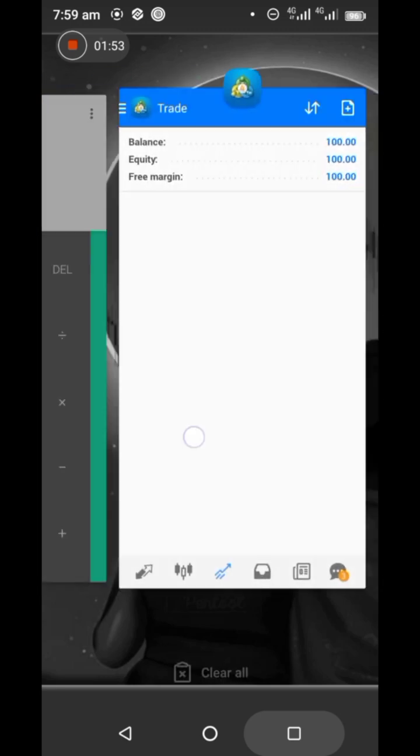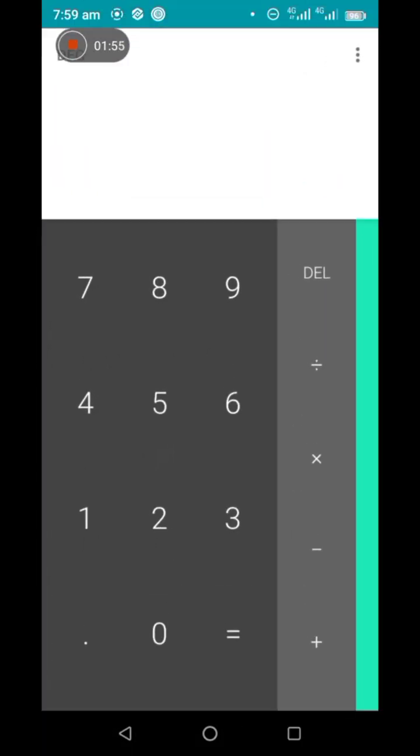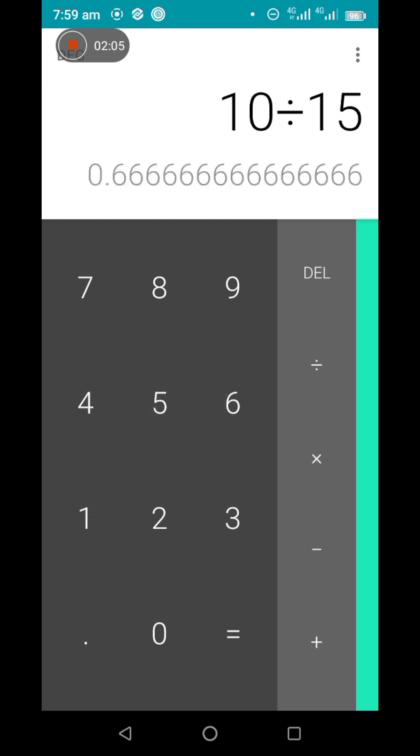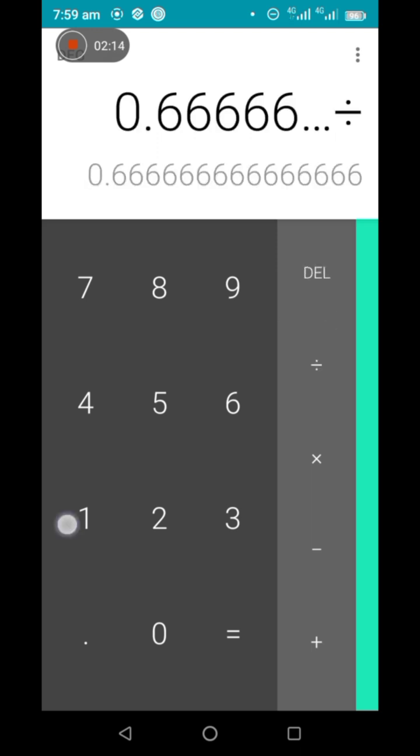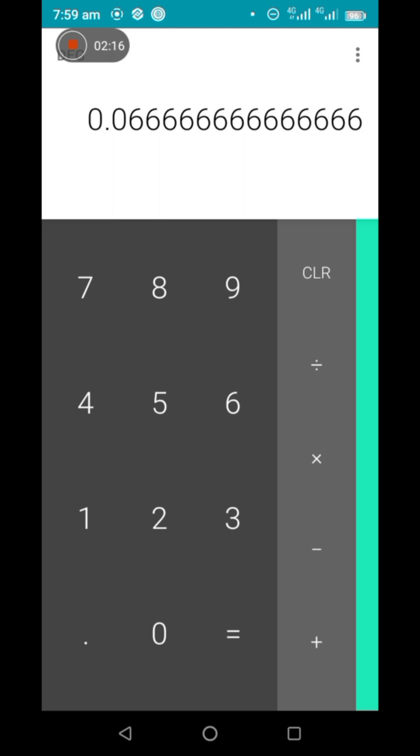Now you will calculate it using that formula that I posted. That will be $10, the money you are risking, divided by the 15 pips of my stop loss. You are getting 0.06 and so on. Now this answer divided by 10 will give you 0.0666.